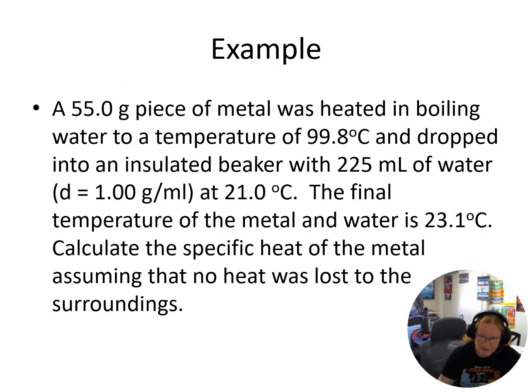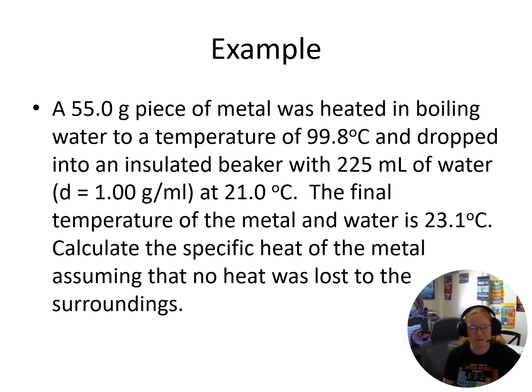Okay. All right, so here's an example. I've got a metal. It's heating in boiling water, gets up to almost 100 degrees. It gets dropped into an insulated system with an amount of water at a certain temperature. Okay, and then my water and my metal come to a final temperature together.